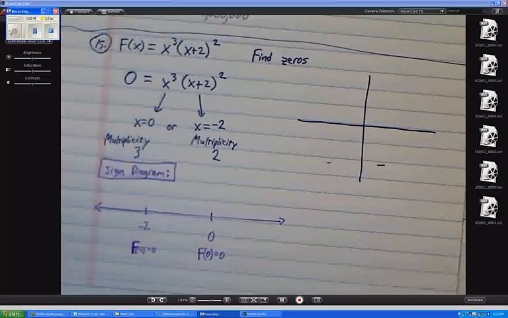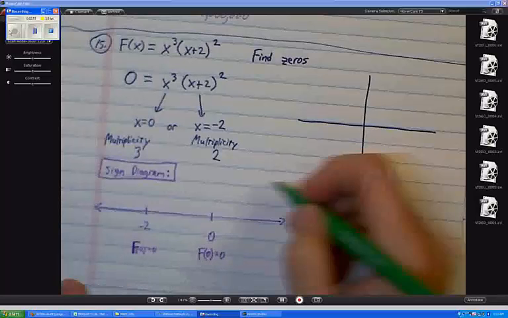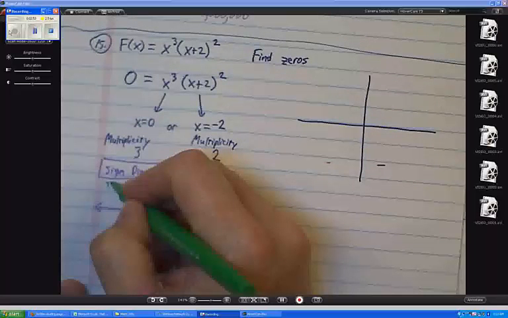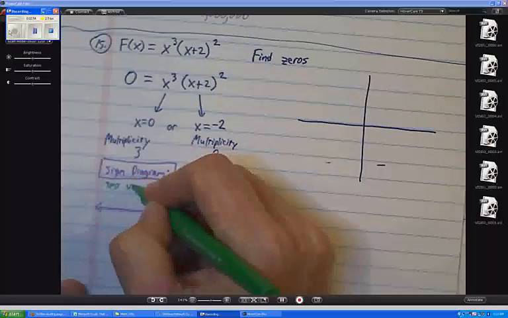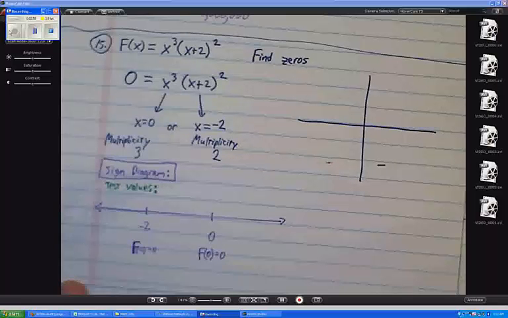But what I do here is I'm going to use some test values. Now, what values are we going to test? Well, you want to pick some numbers from each of the intervals. Okay? And so, what do you think I'm going to pick?